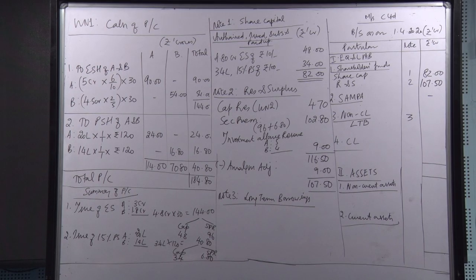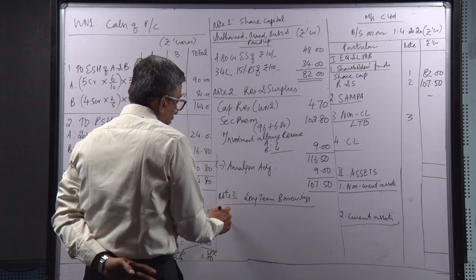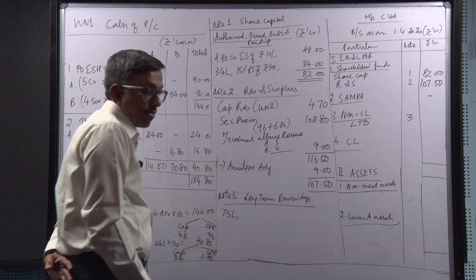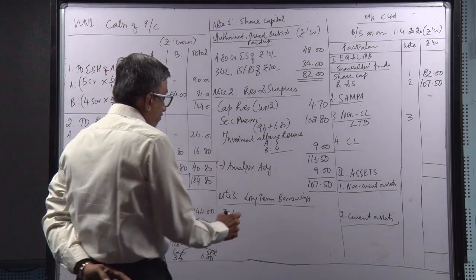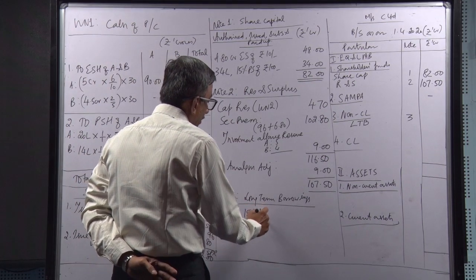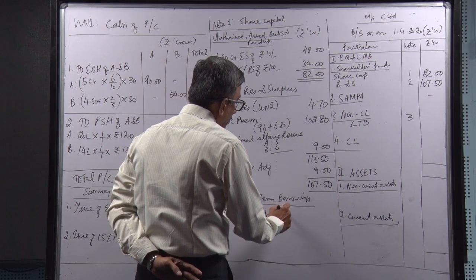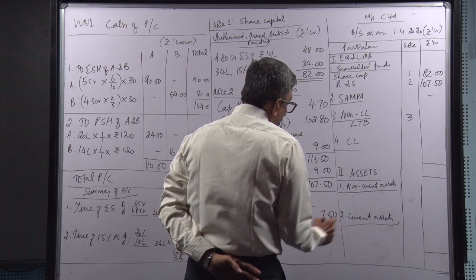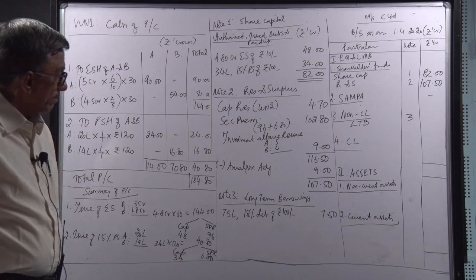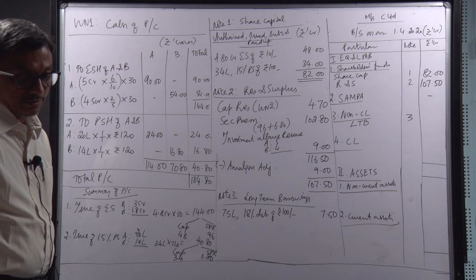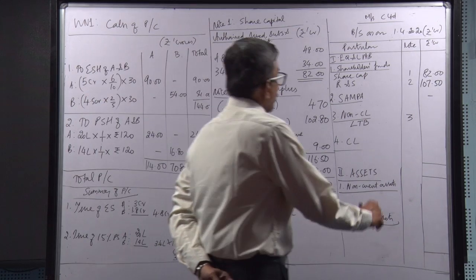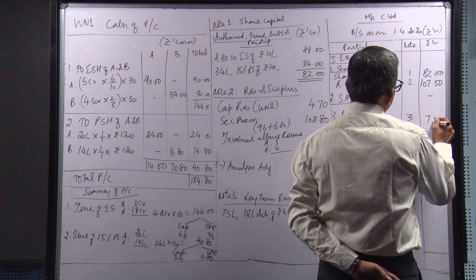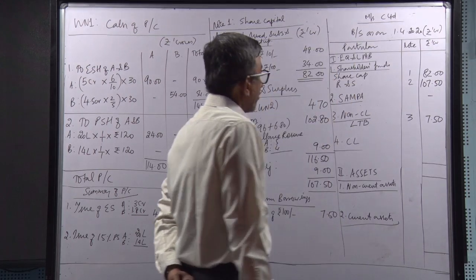It was issued for a value of 7.5 crores. Each debenture is 100 rupees. That means they have issued 75 lakhs, 18% debentures of rupees 100 each. That will be 7 crore 50 lakhs. This will be shown in the balance sheet under non-current liabilities, 7.5 crores.